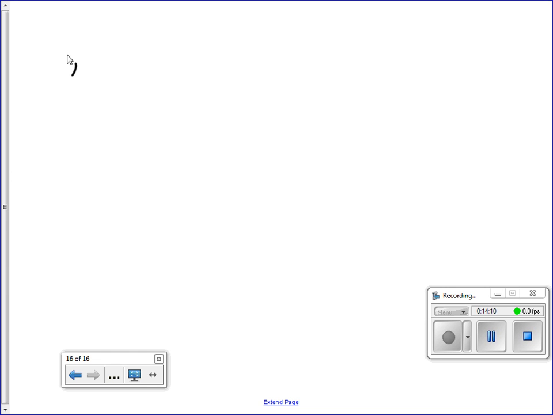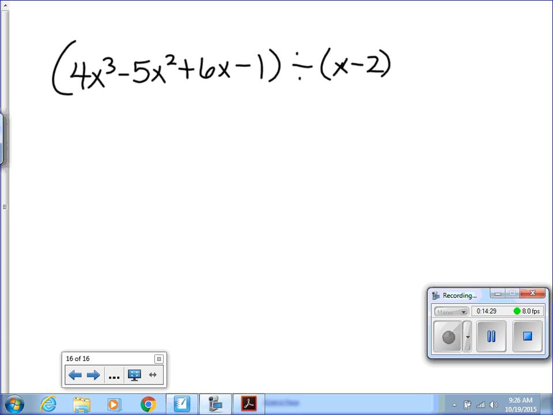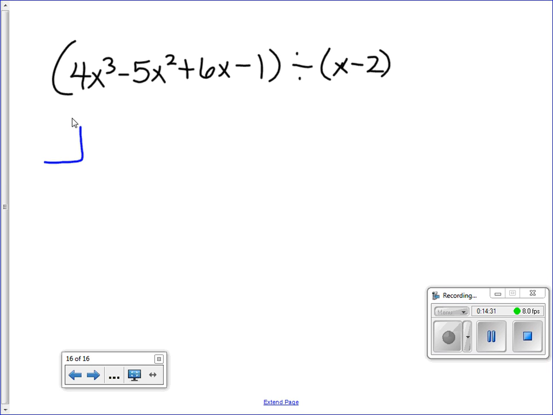X to the third. X squared. There you go. Okay. What's going to go here? 2. What's going to go here? 4.